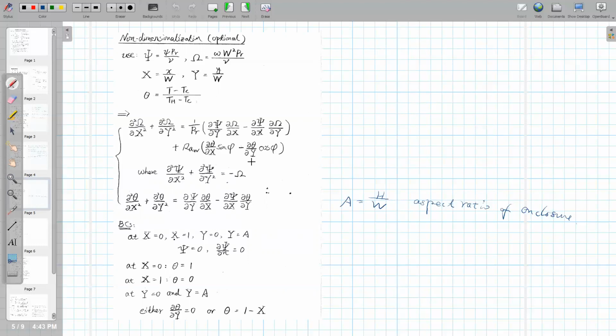You can conclude, for example, that based on my numerical results, the temperature increases with the Rayleigh number. This is a conclusion you cannot draw using dimensional quantities. This is the advantage of solving the non-dimensional form of the equation.